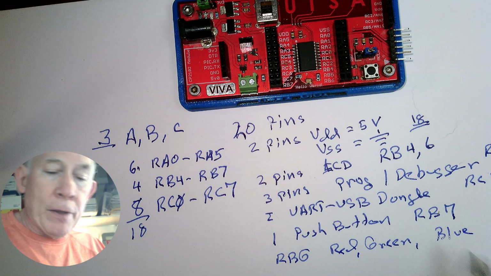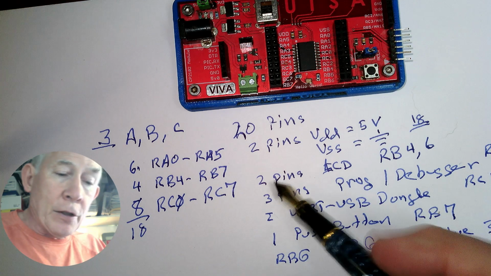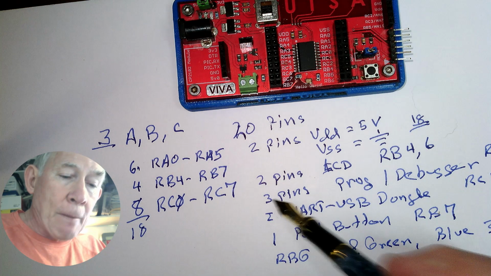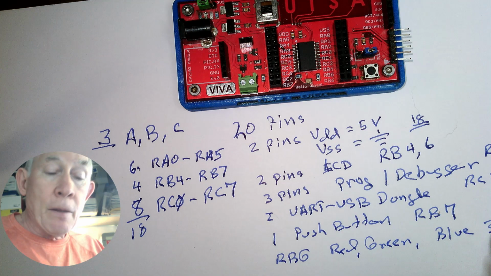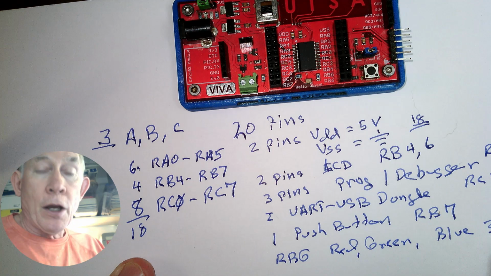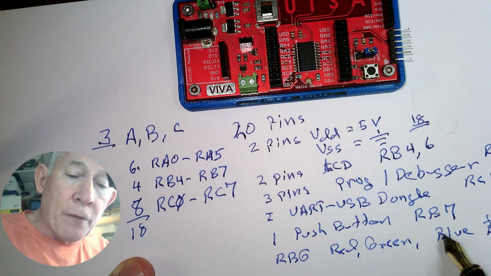And it turns out if we subtract all 3 of these, it's 2 plus 5 plus 7, 8, 11. So that's 11 of our 18 pins. That only leaves us 7, but we need 8, so we can't use that. So we're gonna forget the blue LED.